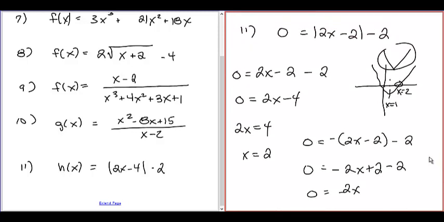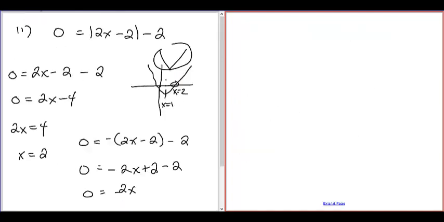But if we shifted over a little bit further, let's just do that for the heck of it here. The problem's done, but if we had f of x equals the absolute value of, say, 2x minus 4, instead, minus 2.